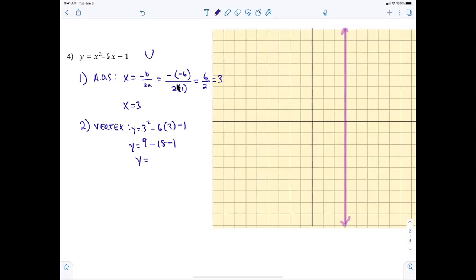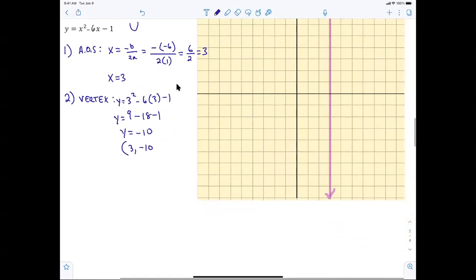And so he said y equals, so the vertex is 3 comma negative 10. So graphing 3, negative 10. 1, 2, 3, 4, 5, 6, 7, 8, 9, 10. Is everybody with me on that? So let's just extend that down a little bit. Does everybody see that? 3, negative 10, right?